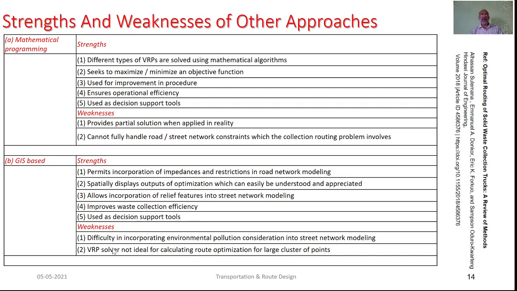We can think of two weaknesses. First, difficulty in incorporating certain environmental pollution considerations into the street network modeling. As well, this vehicle route planning solver may not be ideal for calculating these particular route optimizations for large clusters of points.